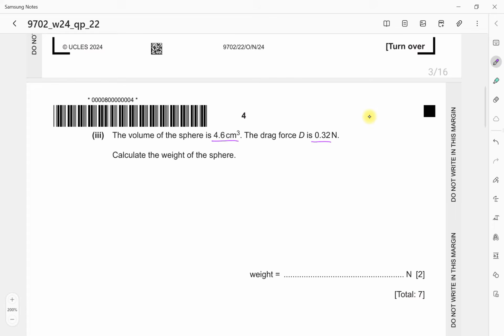So of course we know that upthrust is equal to the weight of the fluid displaced. And this is going to be equal to m times g, where m will be equal to the density times the volume of the liquid, then times g.